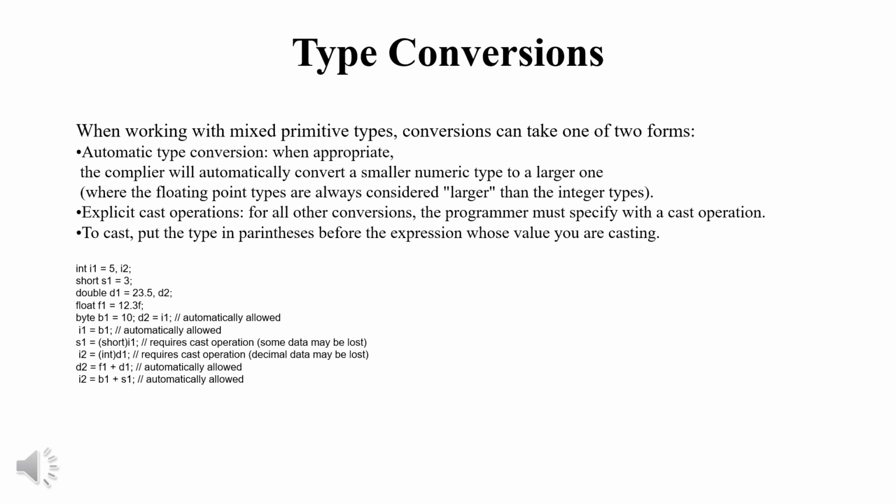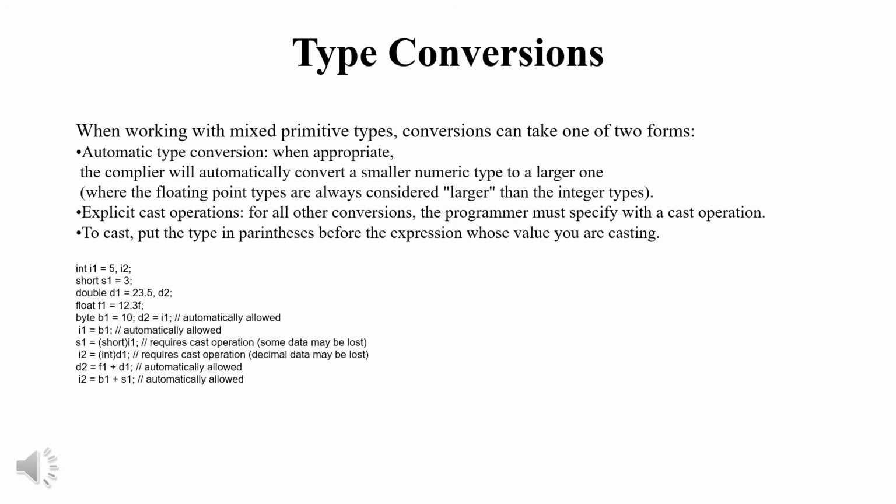For example, you are going to say A equals B, and A and B each has different types. So the compiler will convert the smaller numeric type into the larger one. For example, in these lines of code, you see we have I1 is integer and B1 is byte, right?